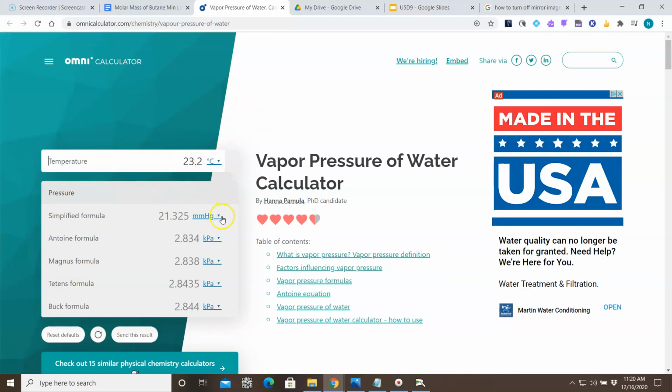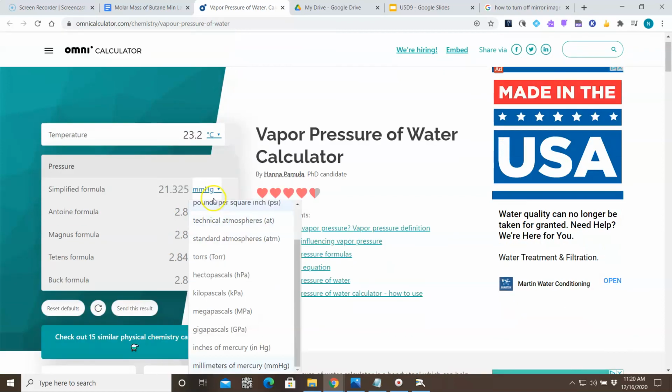And you see the temperature here, 23.2 degrees Celsius. Now here, I use just a simplified formula, and that gives you the vapor pressure in millimeters of mercury.